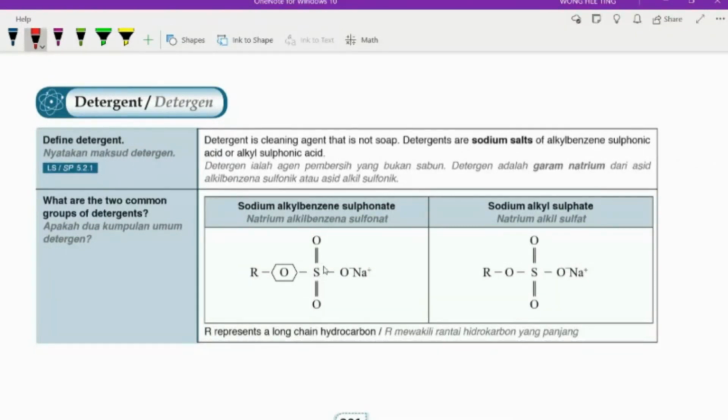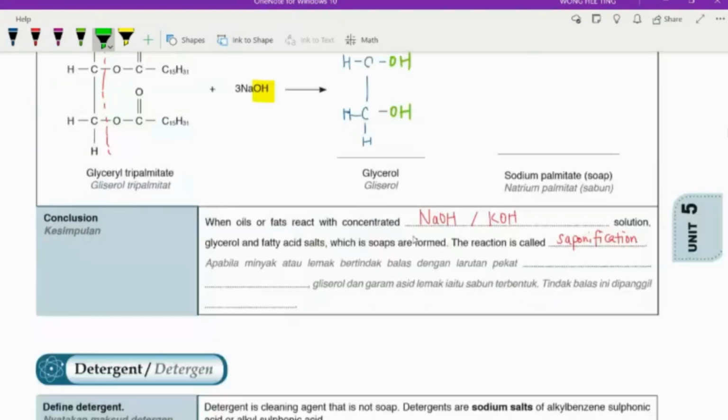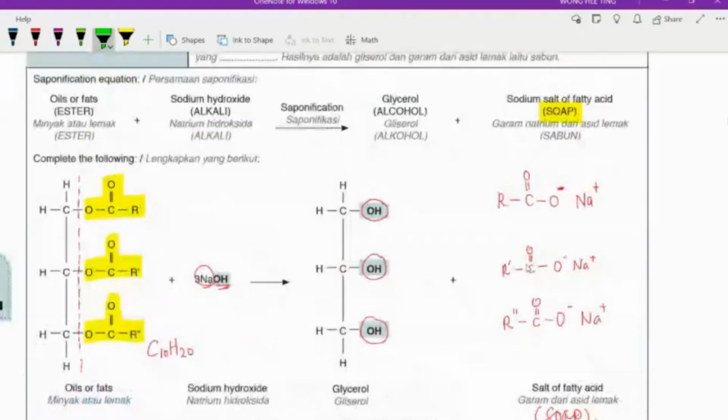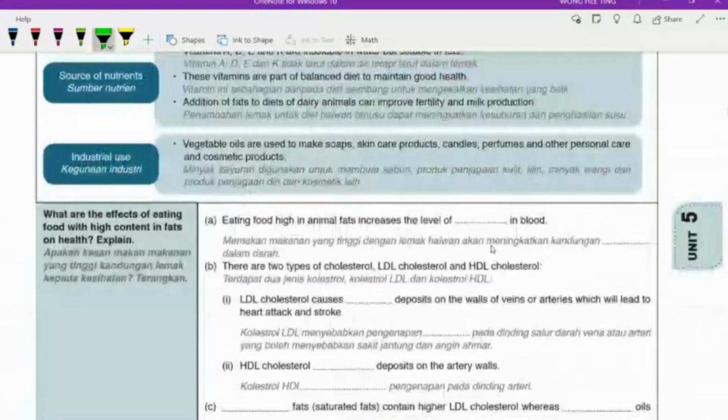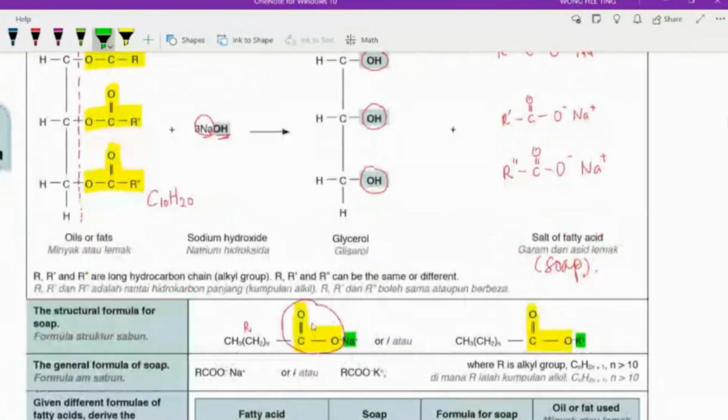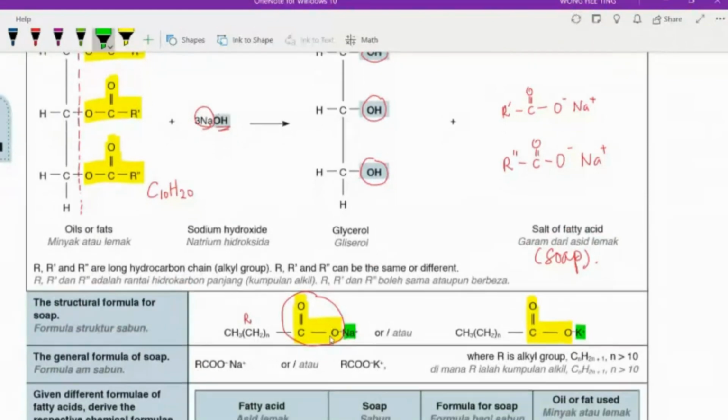Now, compared to the salt just now, in the detergent its functional group is a sulfonate or sulfate. For salt, it is COO, carboxylate.